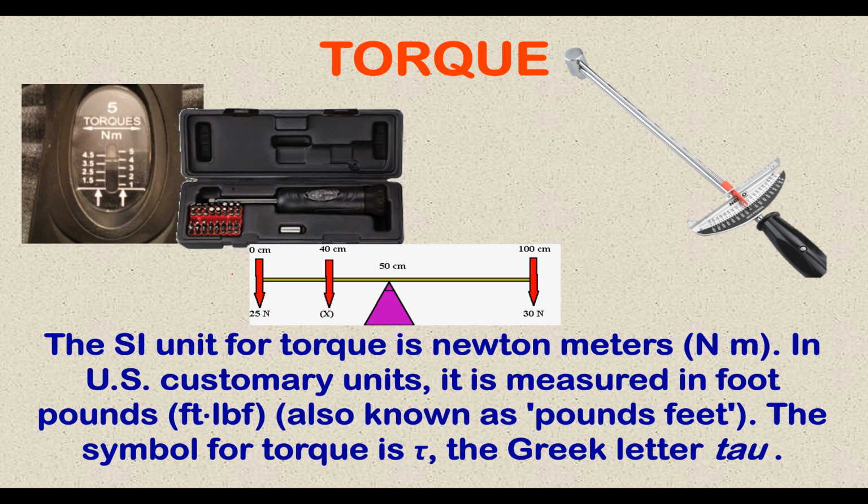You don't want them coming off, but you don't want them so tight that they can't be removed. So they use torque wrenches. And the unit for torque is the Newton meter.